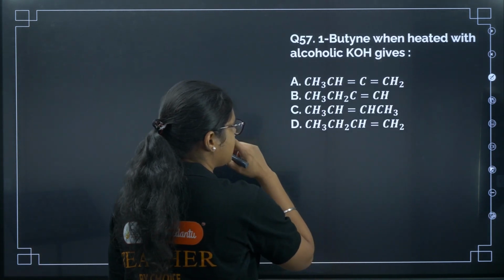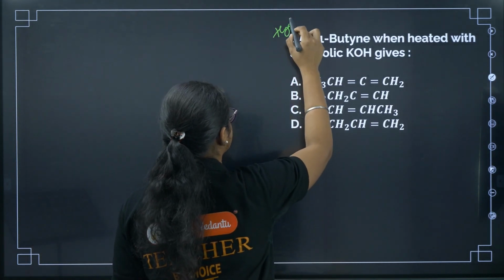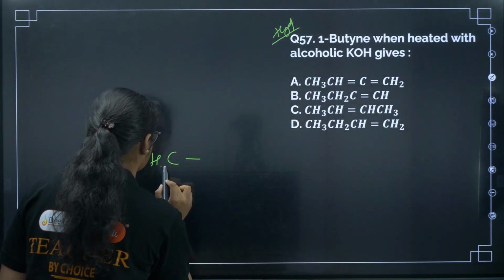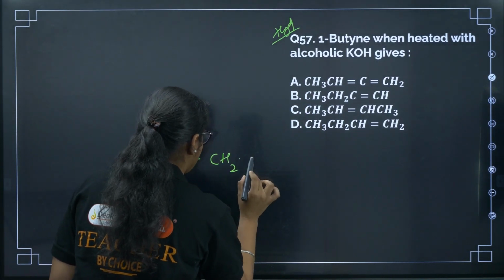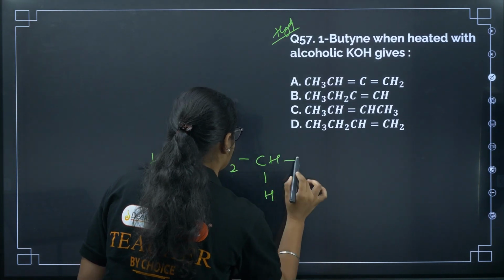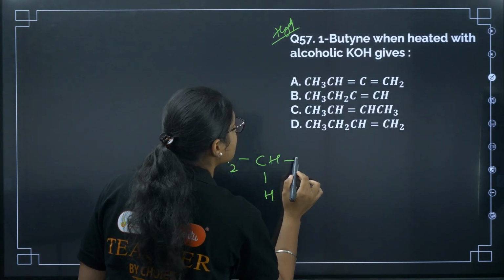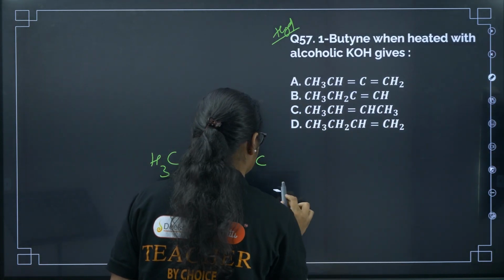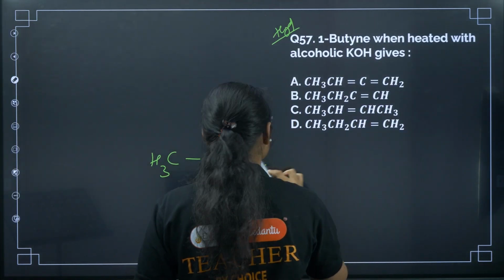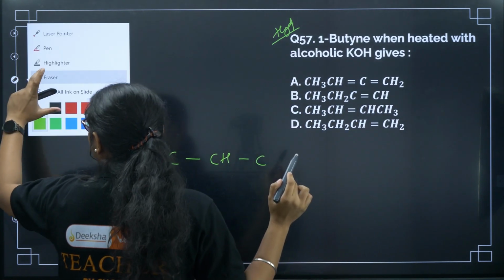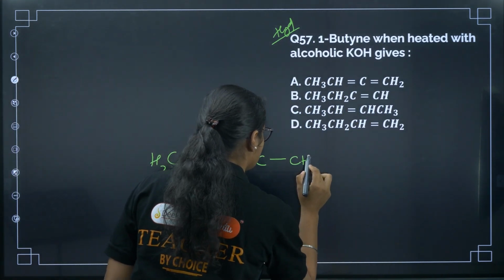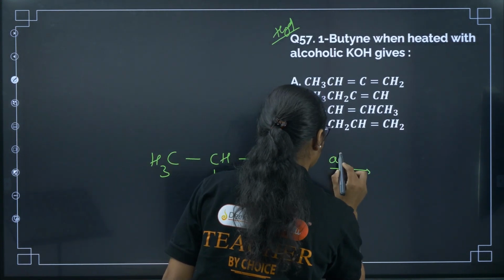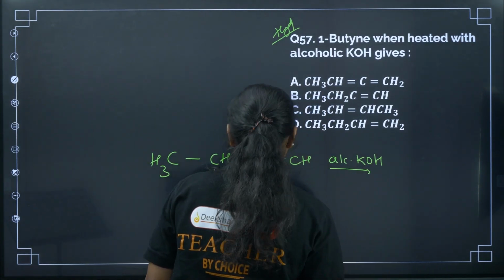Now this question, 1-butene, is from your hydrocarbons chapter. 1-butene when heated with alcoholic KOH. So let us draw the structure. When you are treating it with alcoholic KOH, what happens here?